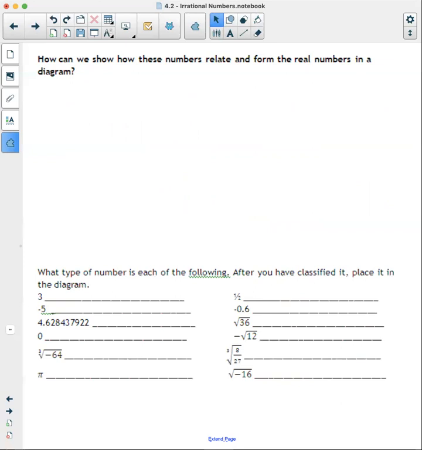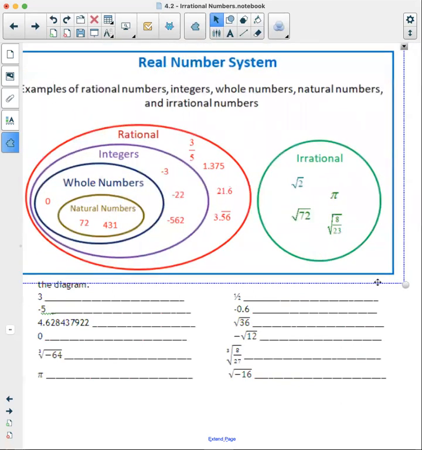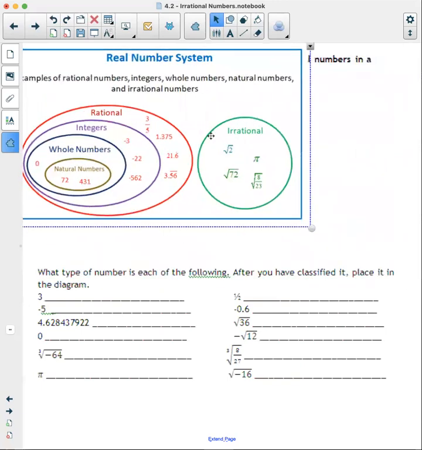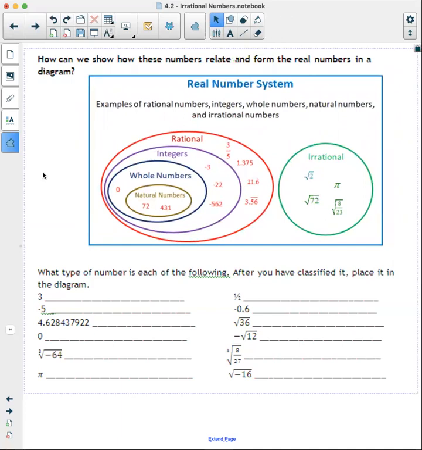So I'm just pulling up an image here that is just going to summarize the relationship between all types of numbers. Okay, so we have rational and irrational numbers. And within those rational numbers, we have integers, whole numbers, and natural numbers. Okay.